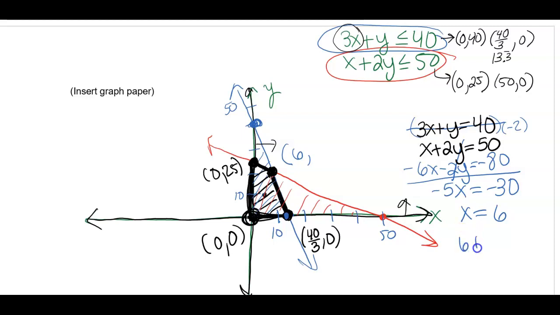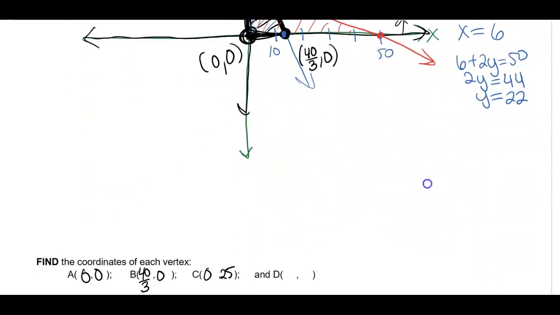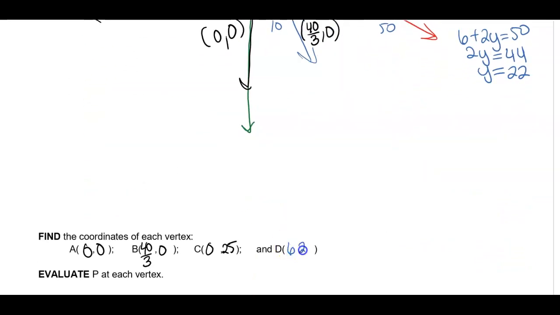So I'm going to plug it into 6 plus 2y equals 50. So then 2y equals 44. And y is equal to 22. So 6, 22 is my 4th possibility that could result in the absolute maximum or minimum profit for this scenario. Okay. Any questions on how we did that or why we did that? Okay. So 6, 22 is my 4th point.